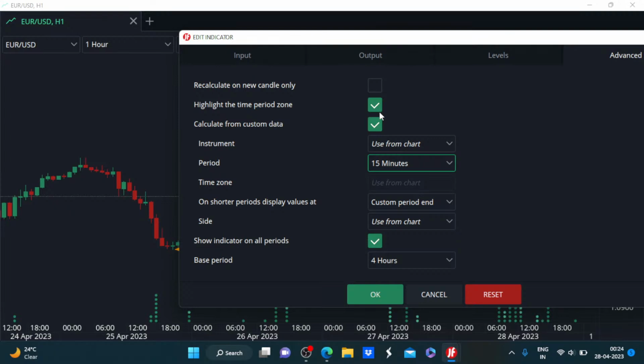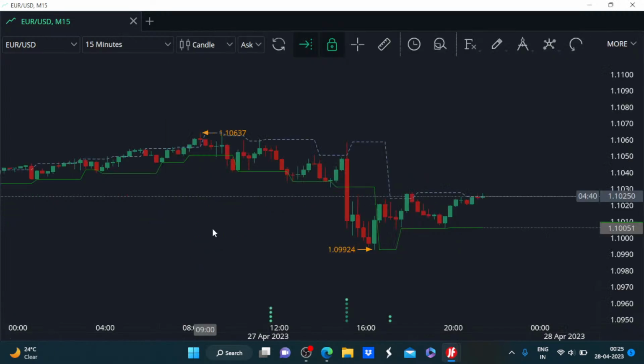Now this is the charting formation with these fractal lines drawn on the chart with the candle period defined at 15 minutes. Even though the chart's candle period is 30 minutes, we have the calculation of the fractal lines with the candle period of 15 minutes only. So this is one key difference.